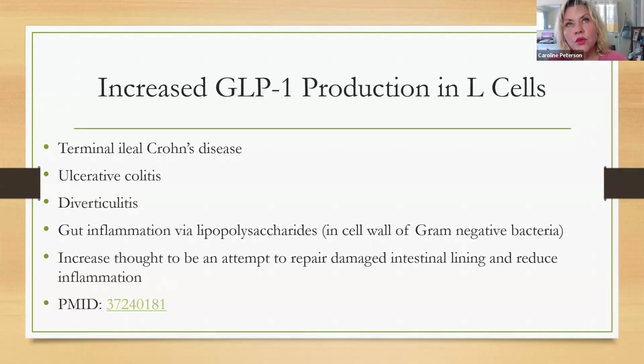And so the thought is that, well, yeah, if there's inflammation, we want to dampen it and we want to heal things. And so that's great. We should have GLP-1 production. We should have that provocation of an M2 response to get some healing going on there and decrease the inflammation. That makes sense.